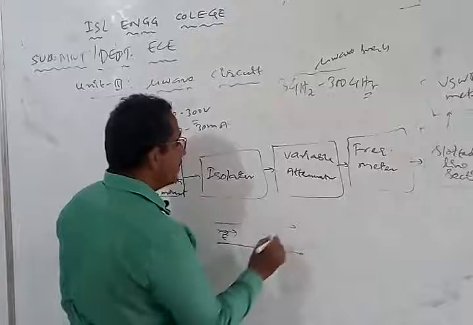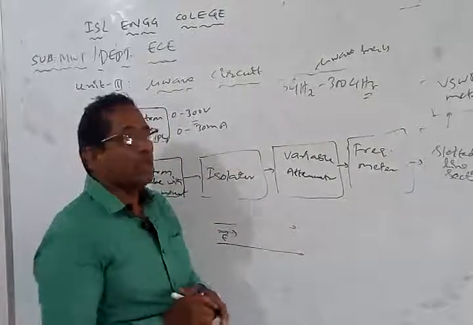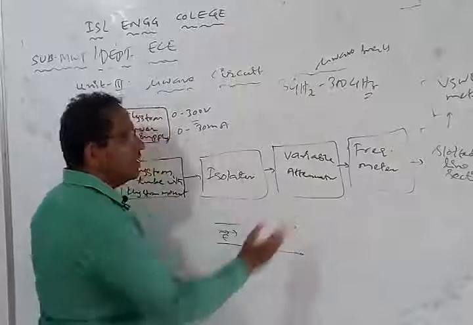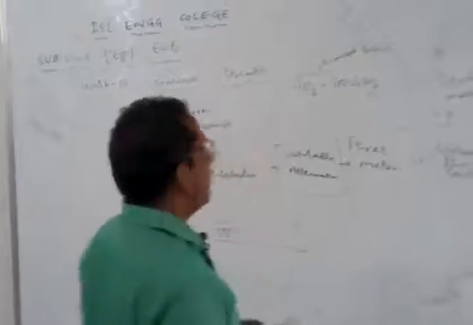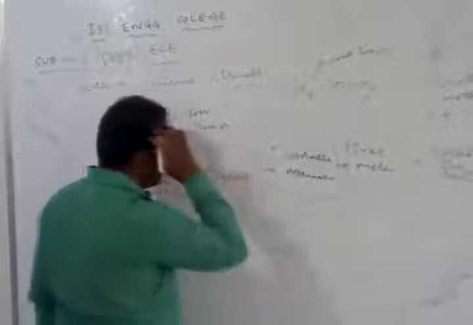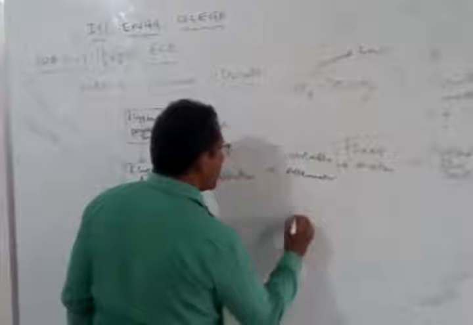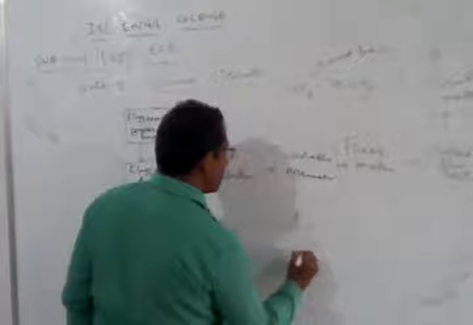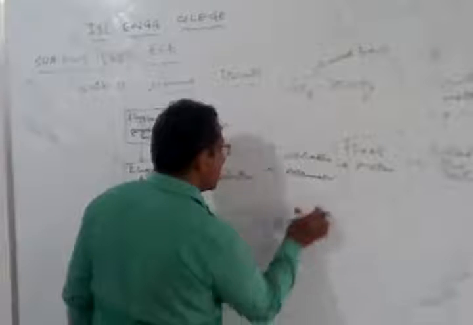Now what will happen? This is totally open circuited. Once it is totally open circuited, no EM wave is going to get radiated from this open circuited transmission line. Why? Because here you normally going to have two components.